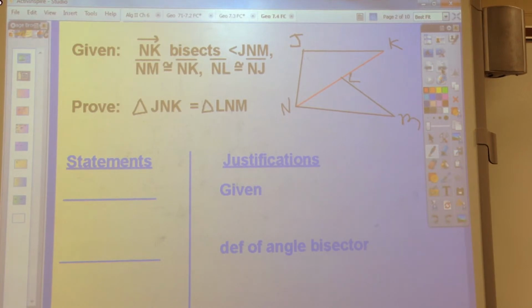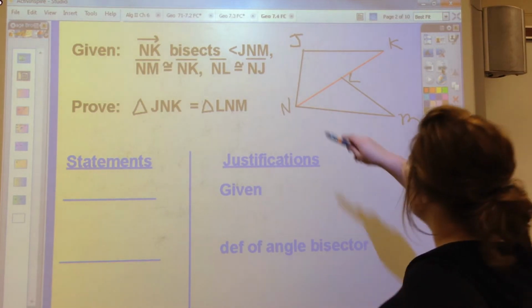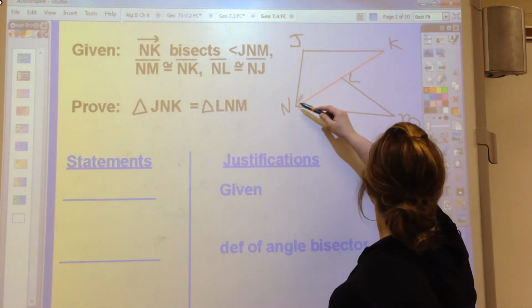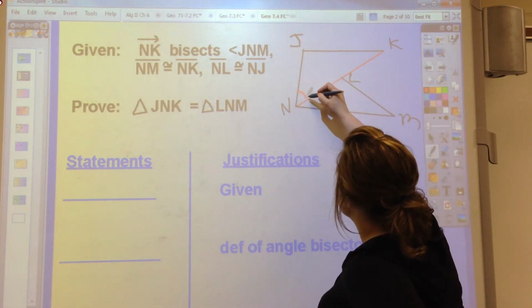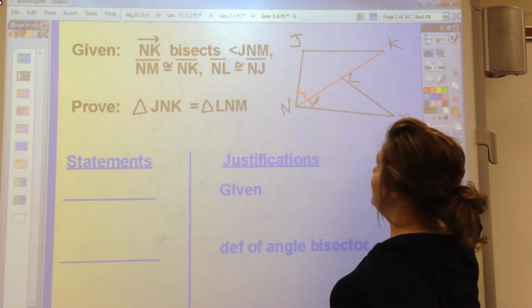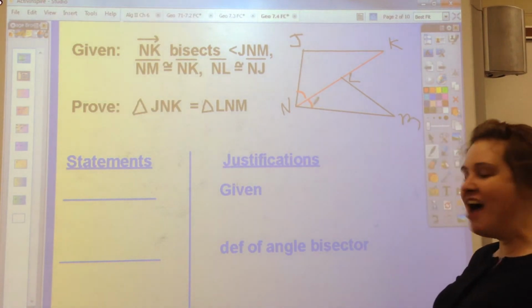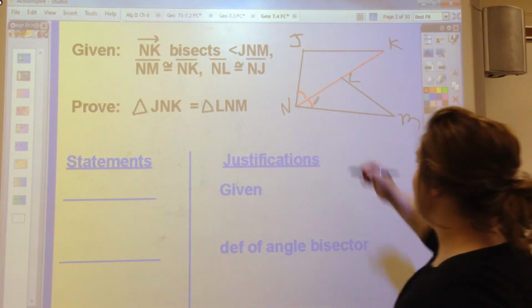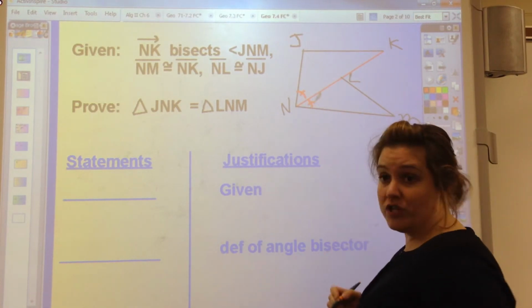We'll jump right in. Given NK bisects angle JNM, so if NK bisects this angle right here, do you agree I can draw these congruency markings on either side? My angle JNM is bisected, so I know that these two are congruent to each other.